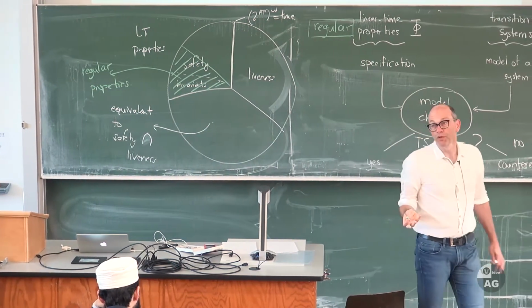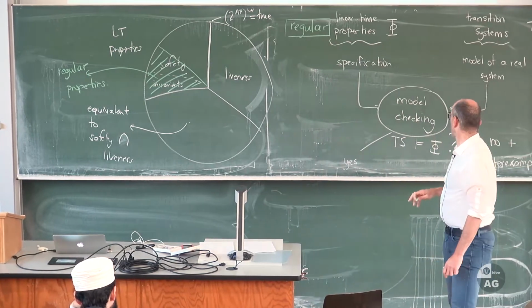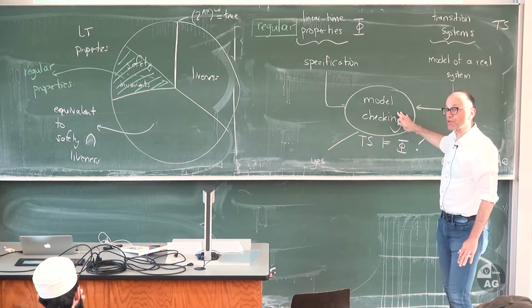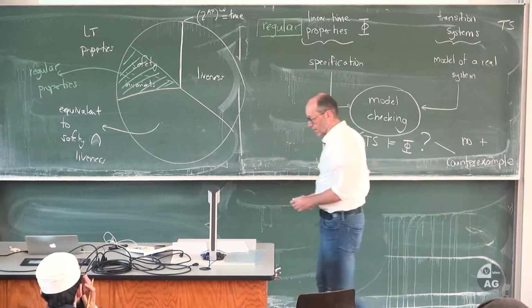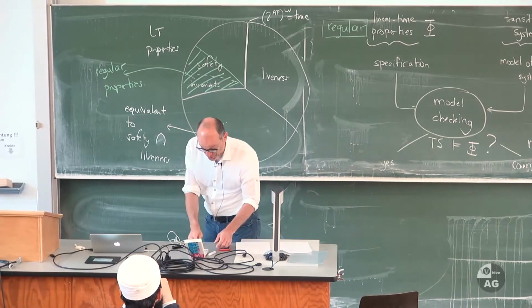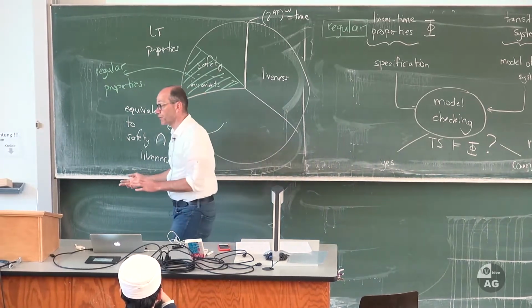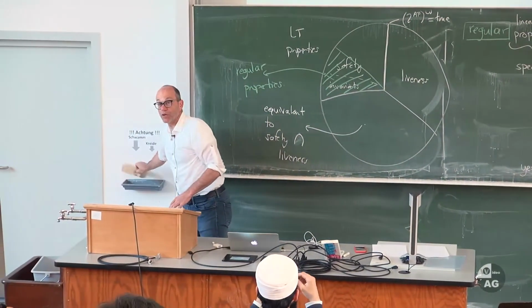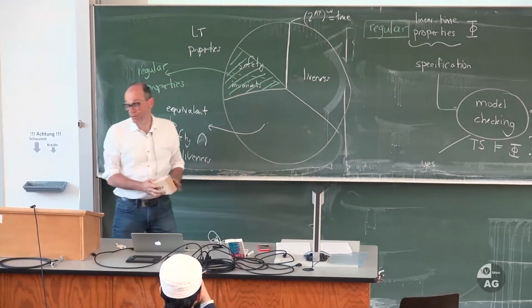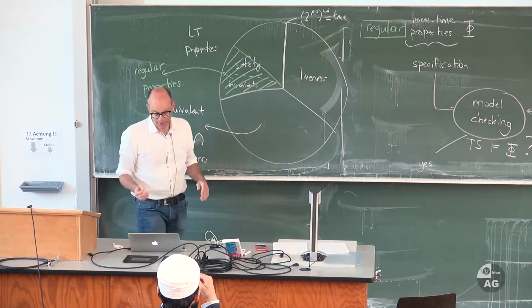And the reason why I'm doing this is that I can use off-the-shelf automata theory to do the algorithms, and that gives hopefully an easy introduction to the first, simple, but the first model checking algorithm. And then we're going to enlarge this so that in the end we're going to cover all properties here, but that requires a little bit more machinery.